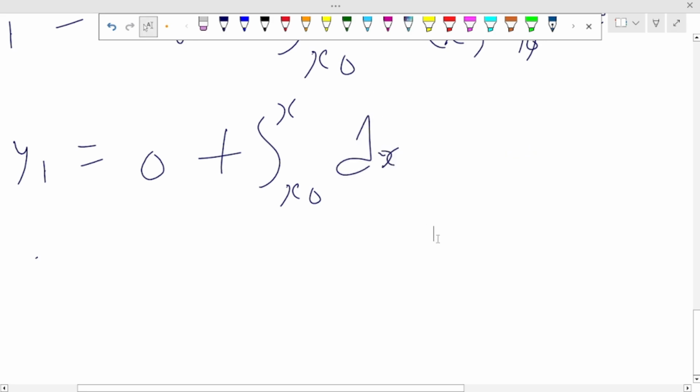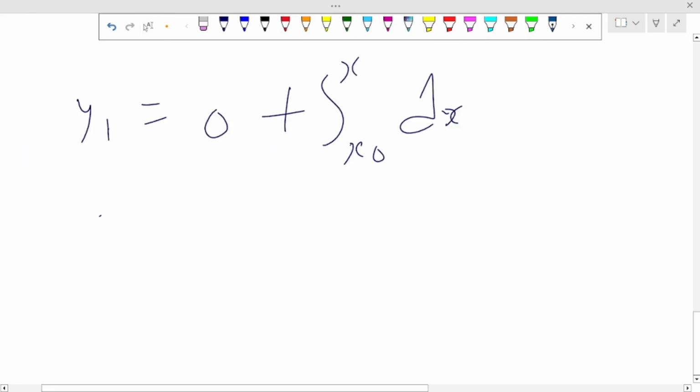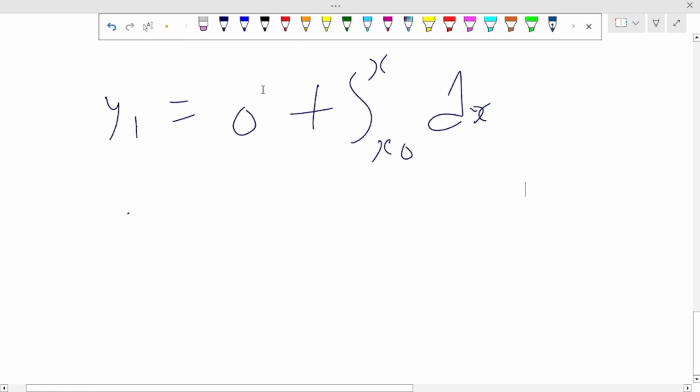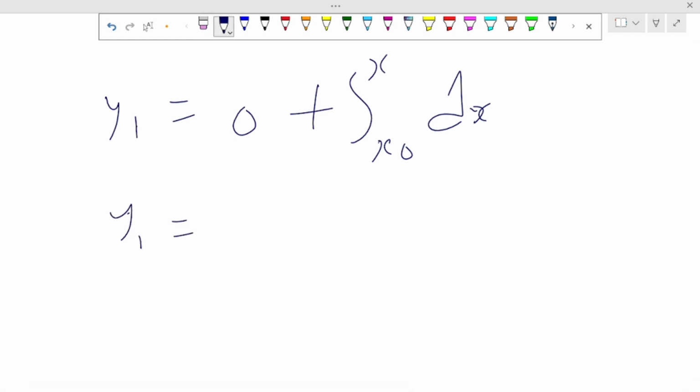Then if we integrate dx with respect to x, we are going to have x, of course, from the lower limit to the higher limit.